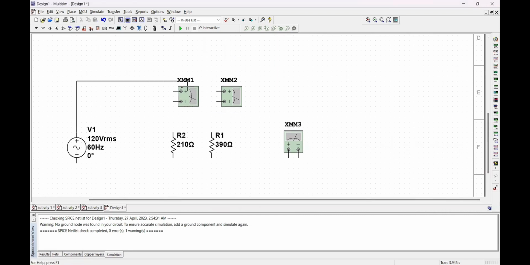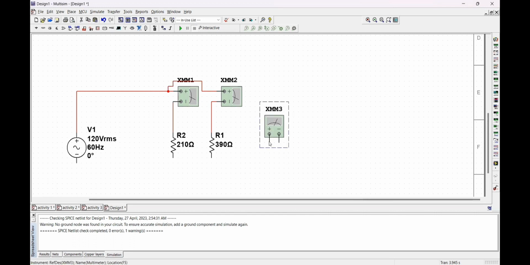And then we just have to connect all of them. Make sure the positive to the positive and negative to the negative.